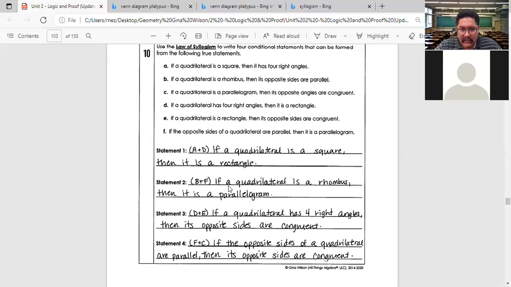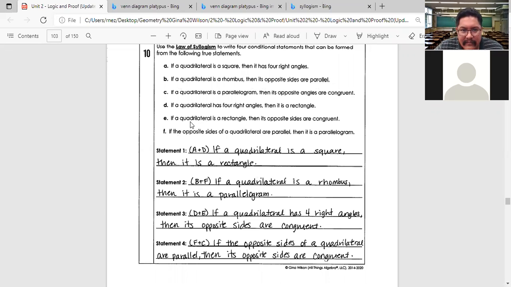All right, so let's go ahead and look for another one. In this case, they put BF. If a quadrilateral is a rhombus, then its opposite sides are parallel. They looked for another one that says if the opposite sides of a quadrilateral are parallel, then it is a parallelogram. And then they just removed that middle step.